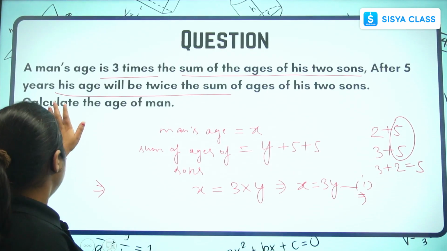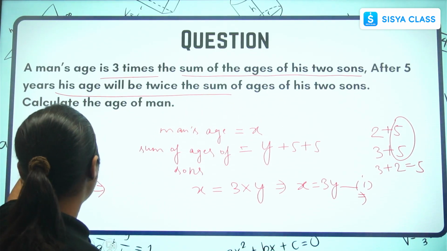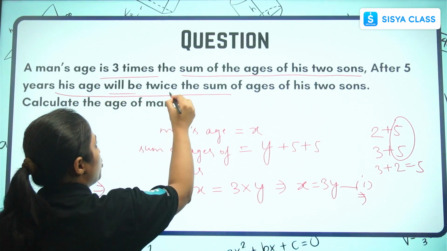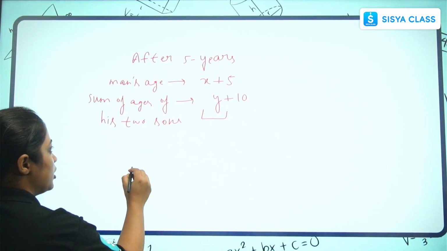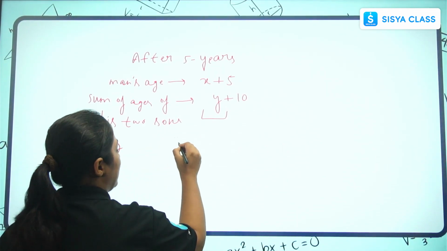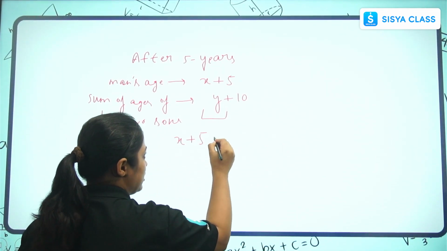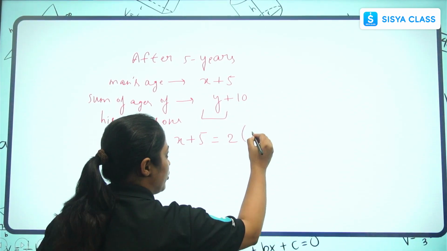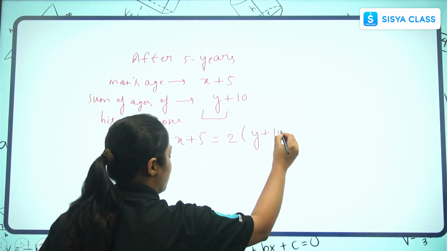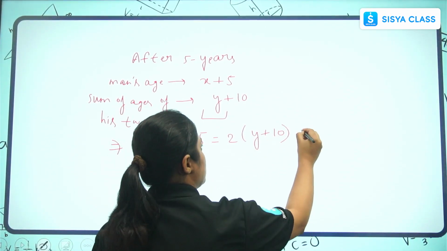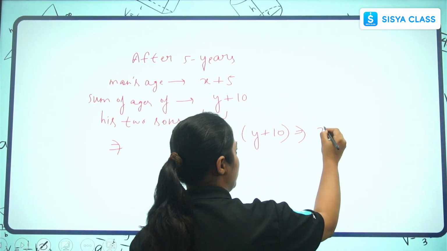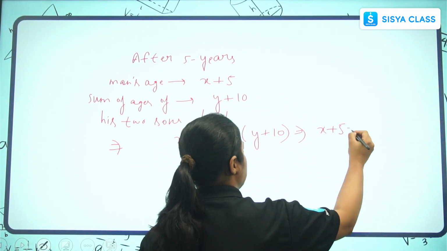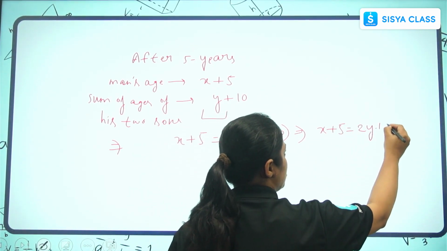Now what is given? That after 5 years his age is twice the sum of ages. So it is given that x plus 5 is twice the sum of ages, that is y plus 10. So when you solve, you will get x plus 5 equal to 2y plus 20.